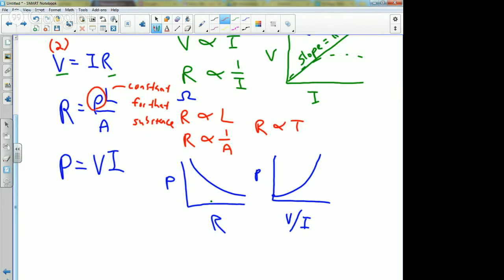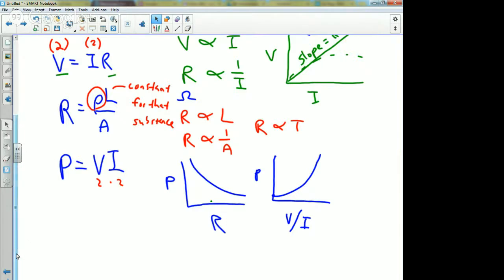It doubles also. Meaning, if you double one, you automatically double the other, so it becomes exponential. Okay, so I just want you guys to understand, power is exponentially related to voltage or current. Okay?